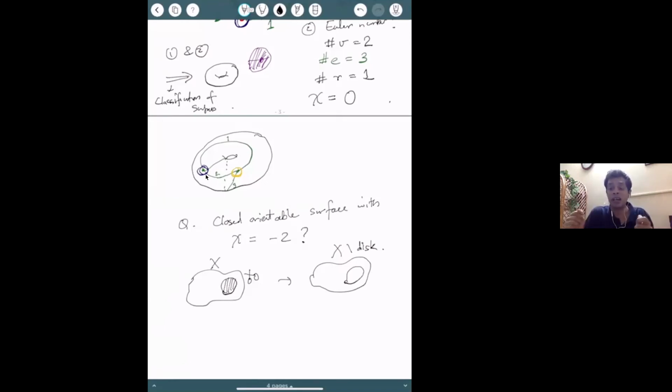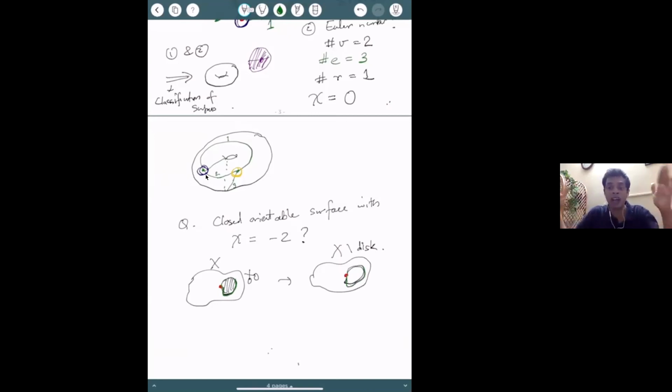Remember the Euler characteristic doesn't depend on what graph you choose. So you could have chosen a graph which has a vertex on this disk you're about to cut, and it has an edge like this, and it bounds a region, which counts as 1 when you do this alternating sum. After you cut it, there is still that vertex and that edge here, but there's no region, so you're not adding 1 when you compute the Euler number.